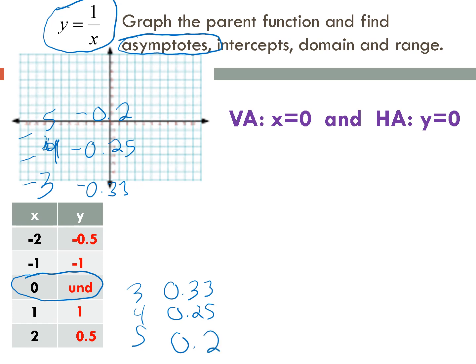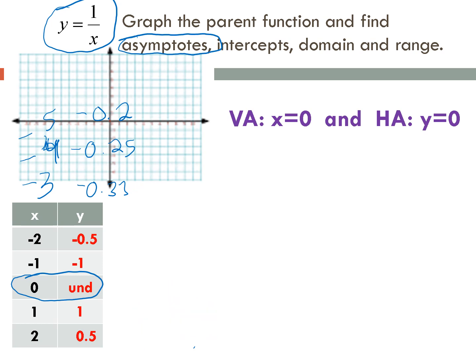So you'll notice that as my x goes to negative infinity, my y's are getting closer and closer to 0. And as my x goes to positive infinity, my y's are also getting closer and closer and closer to 0. So that's why I have a horizontal asymptote at y equals 0.